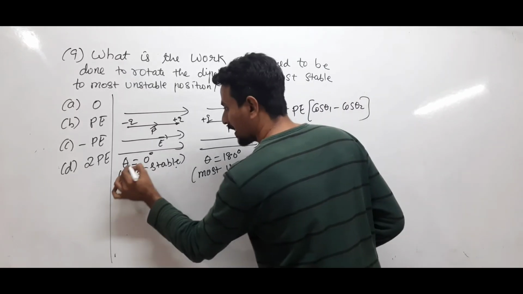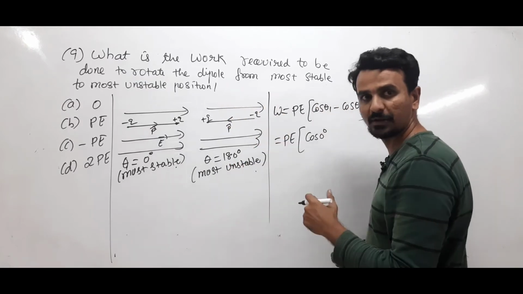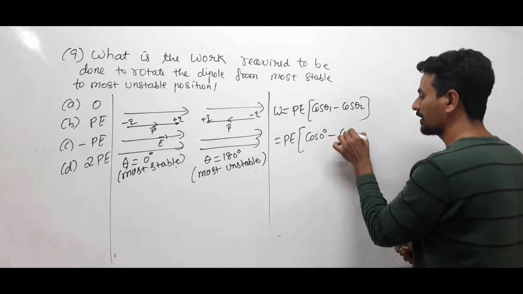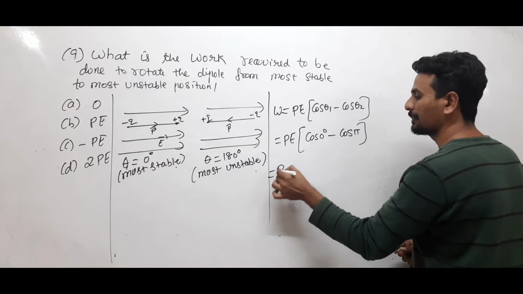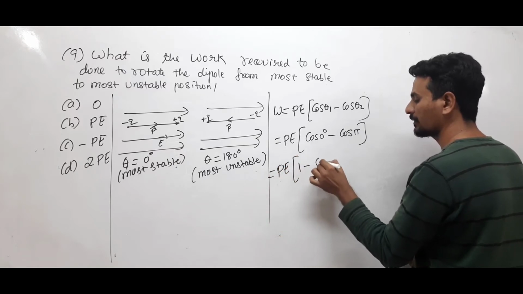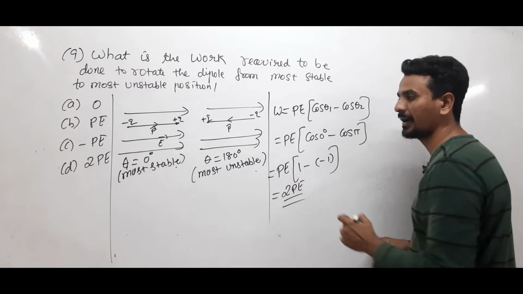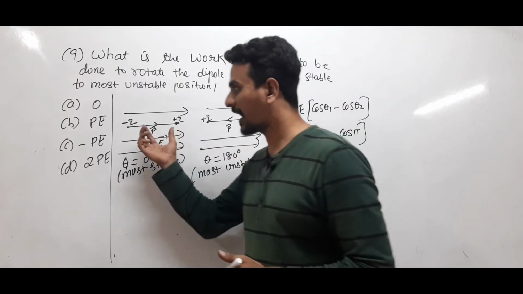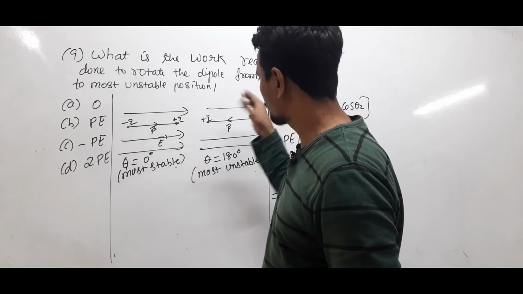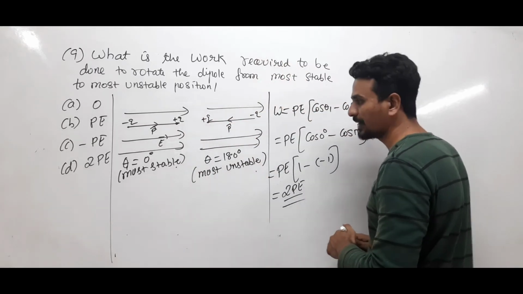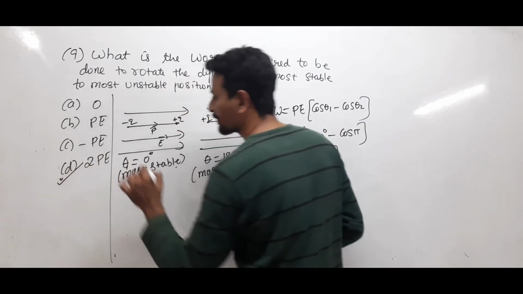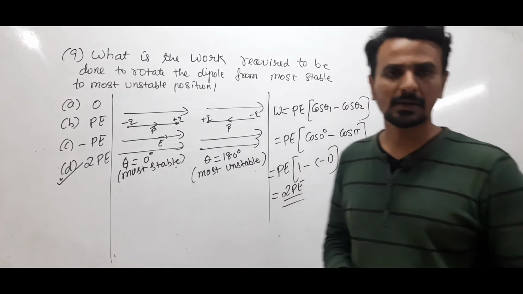You are turning the dipole from most stable to most unstable, minus cos 180). So it will be PE (1, what is cos 180? Minus 1). So this will be 2 PE. So work required to rotate the dipole from most stable to most unstable position is 2PE. So this is your option. Clear? Done? The next one.